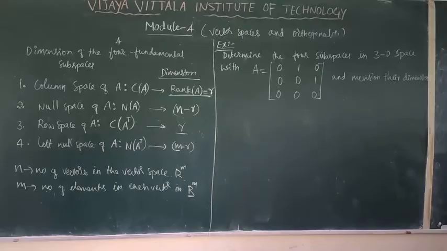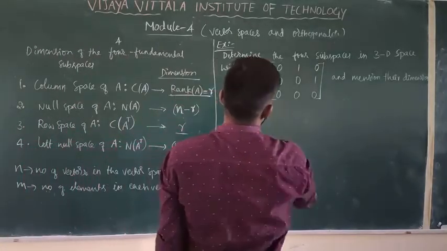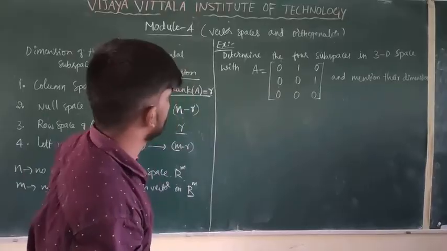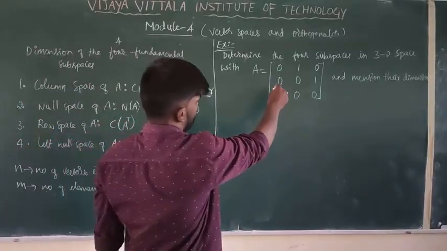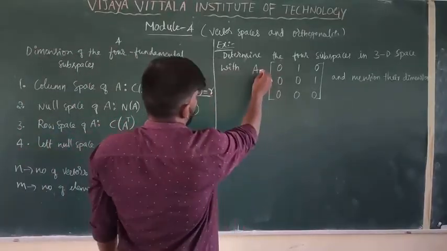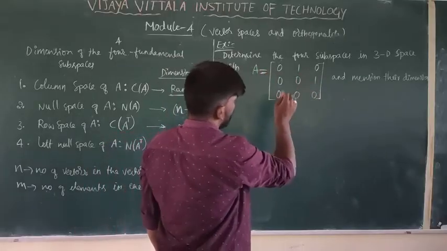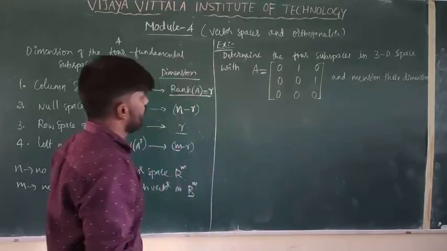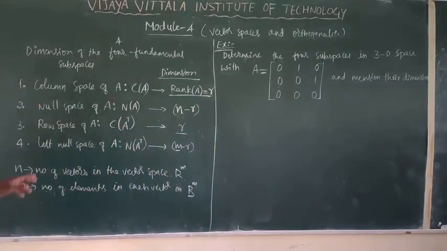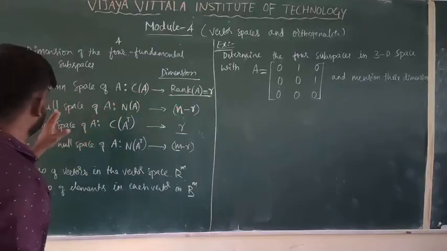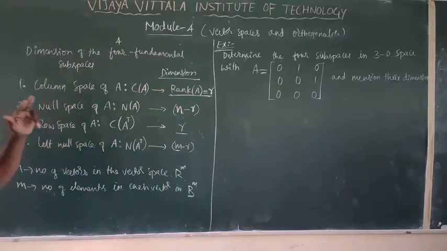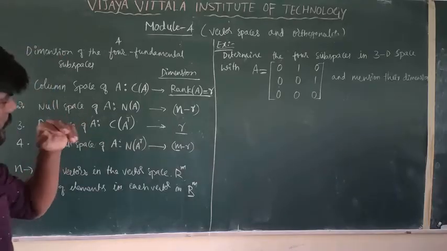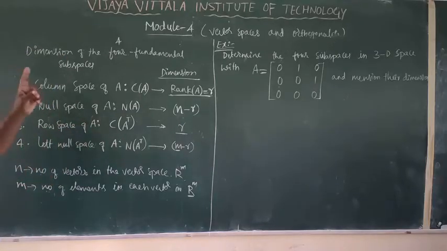The problem is to determine the four subspaces in three-dimensional space, with the matrix A as 0, 1, 0, 0, 0, 1, and mention their dimensions. First, we have to find the column space of A, null space of A, row space of A, and left null space of A. Then we see the dimension for these four fundamental subspaces.